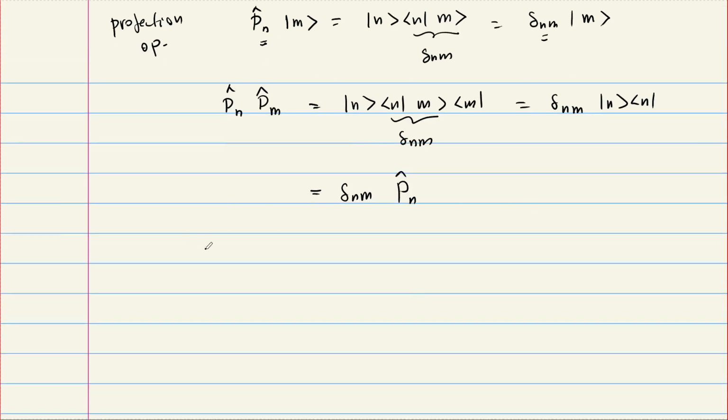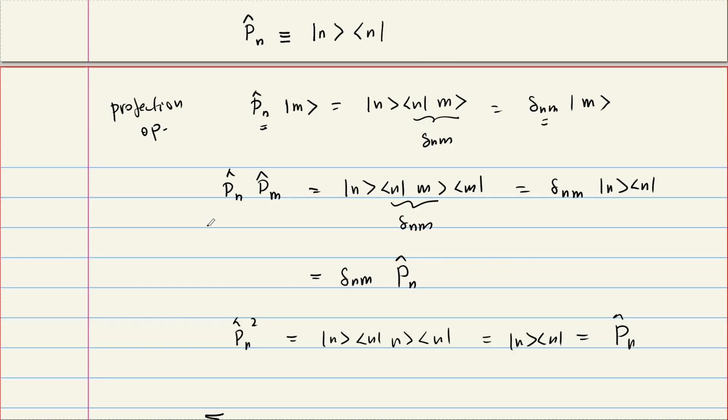Which also shows me that P n squared is n, a lot of n's, but it is also n, which means P n squared is equal to itself.